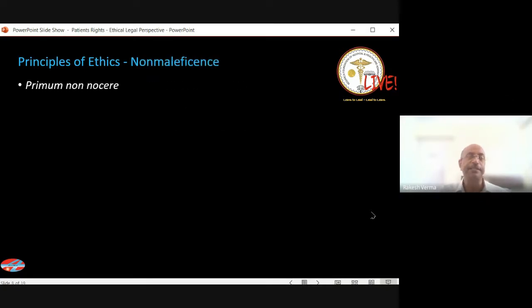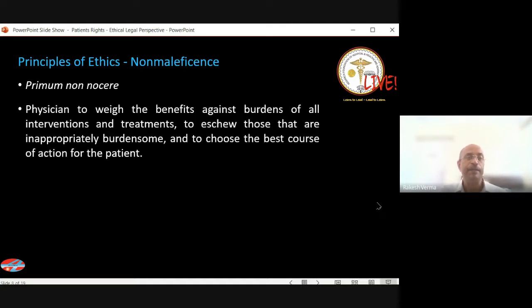The next one is non-maleficence, from a principle called primum non nocere, which means first do no harm. Physicians are required to weigh the benefits against the burdens of all interventions and treatments, to eschew those that are inappropriately burdensome, and to choose the best course of action for the patient.